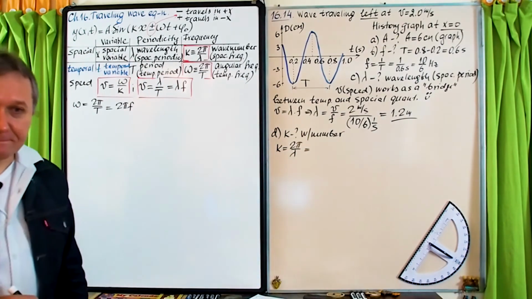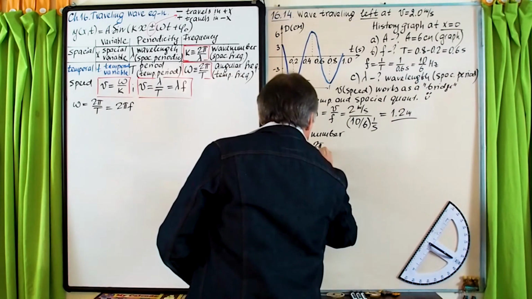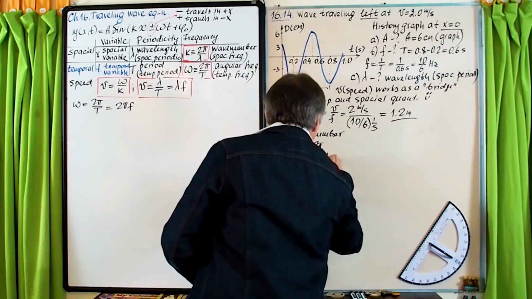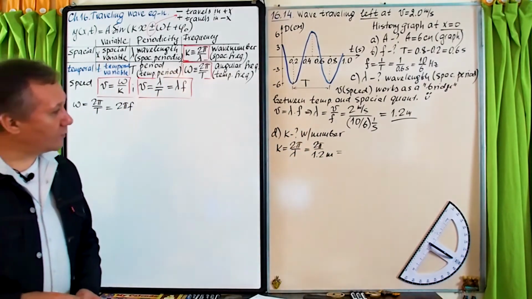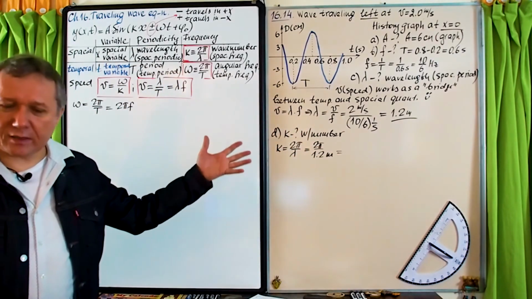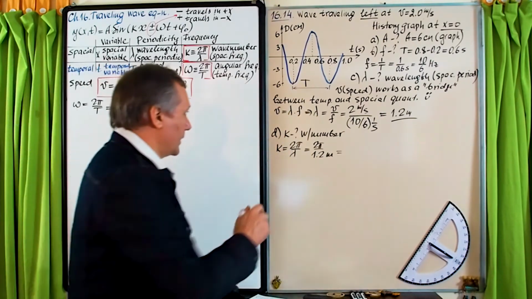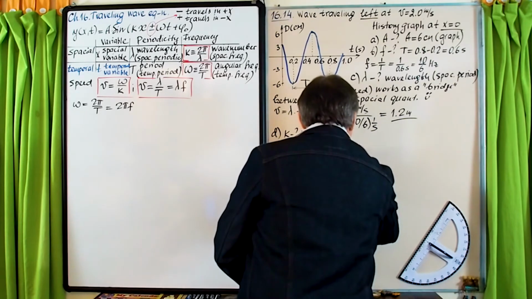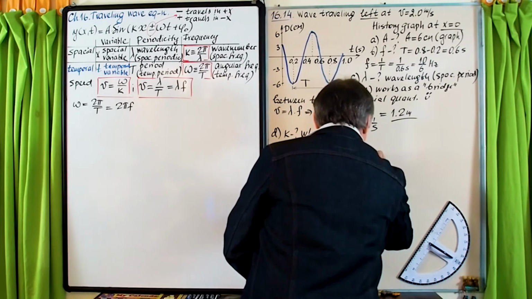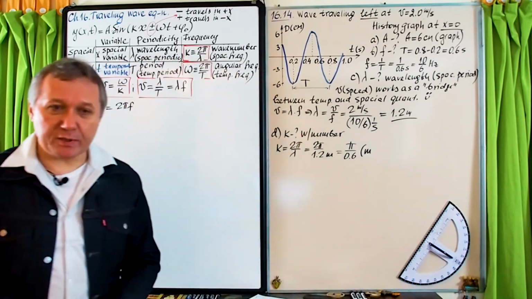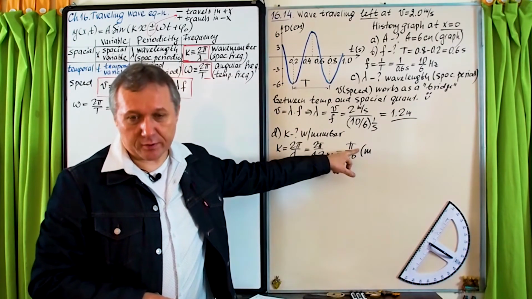Right? 2 pi divided by 1.2 meters. So that will be, okay, I will leave it as a ratio, pi over 0.6 units. Of course, strictly speaking, you should write radians per meter.